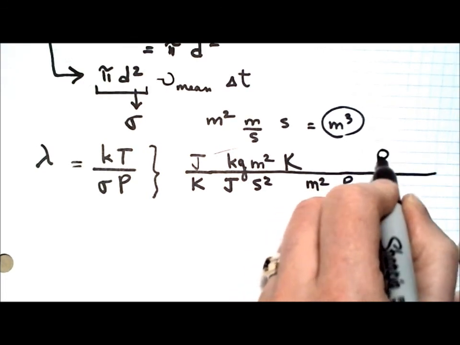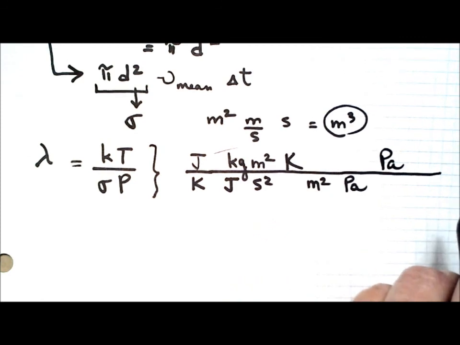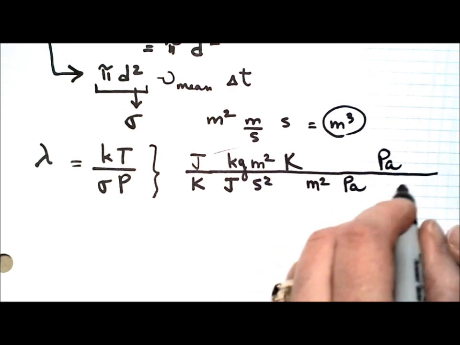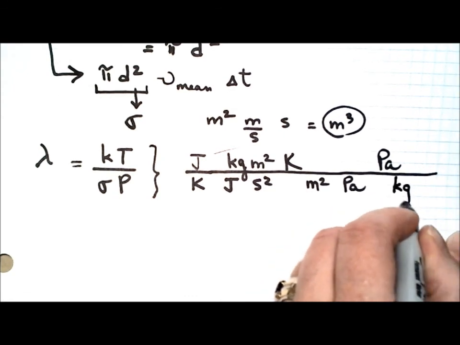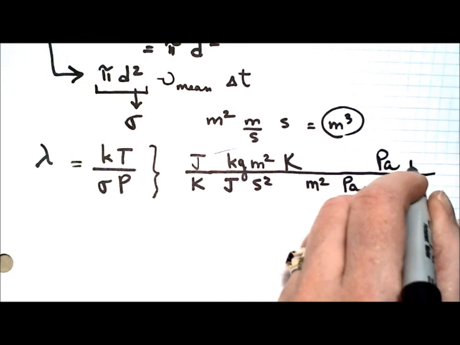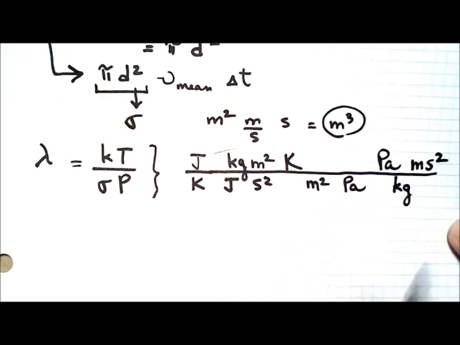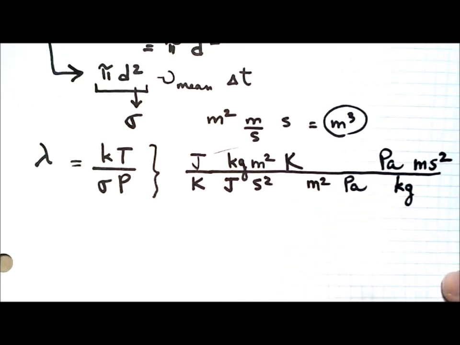So a Pascal is a kilogram per meter second squared. I always have to think. A Pascal is a kilogram over meter second squared, whereas a joule is a kilogram meter squared per second squared. Okay, so there you are.